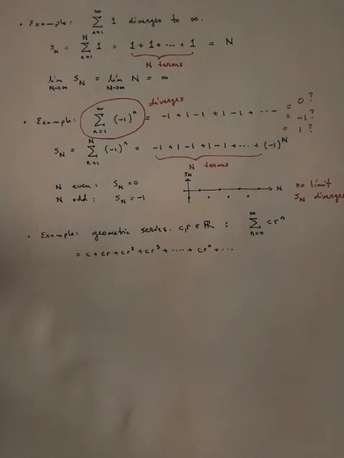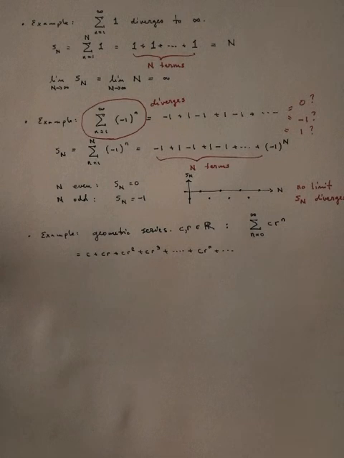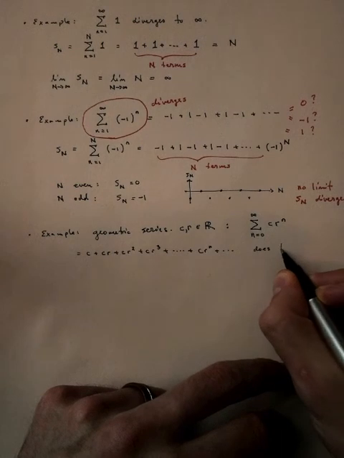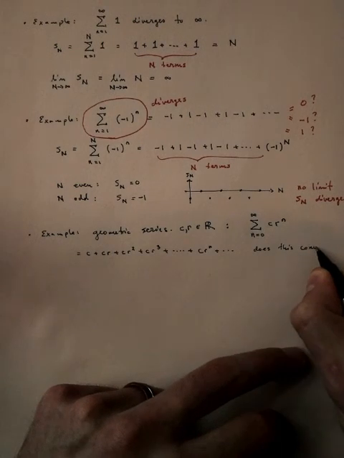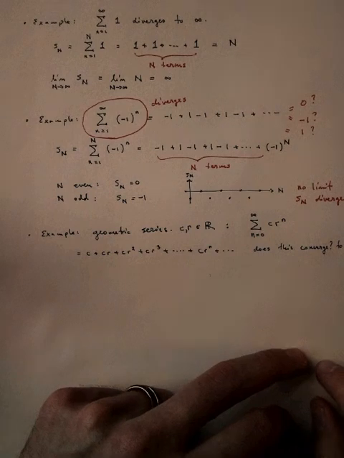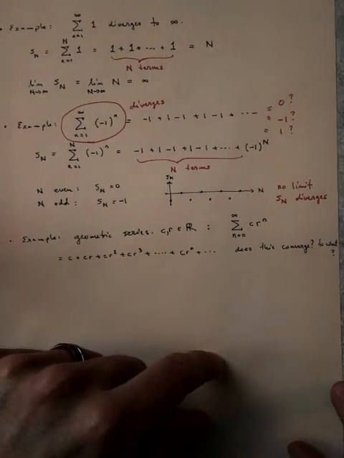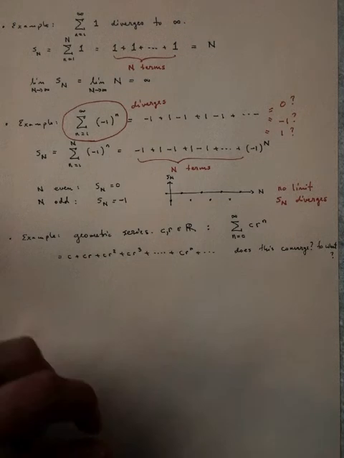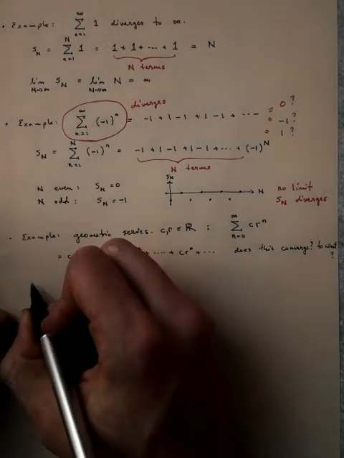Okay, so we want to figure out if this limit converges, and if it does, to what. So does this converge? And if it does converge, what does it converge to? Okay, so again I'm going to use the partial sums.